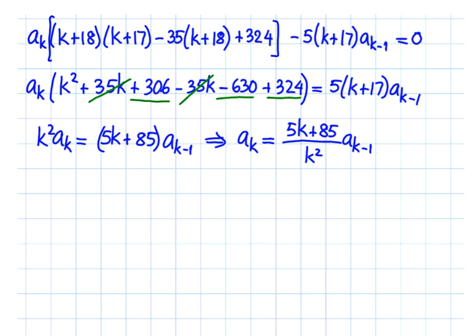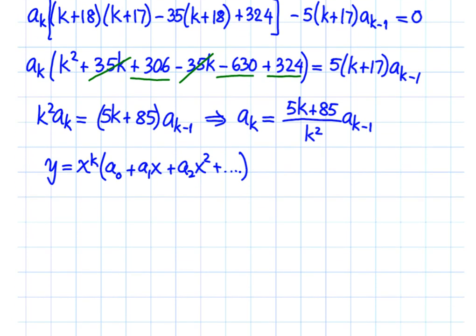Note that our solution is going to be y equal to x to the k, a0 plus a1x, a2x squared, and then so on. Note that if we choose a not to be something, then the coefficient here, let's say a k, we should write here a few things.